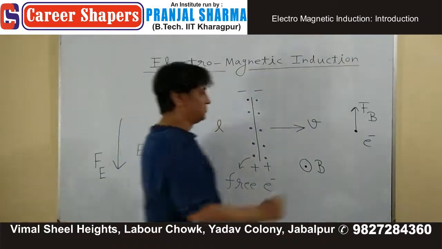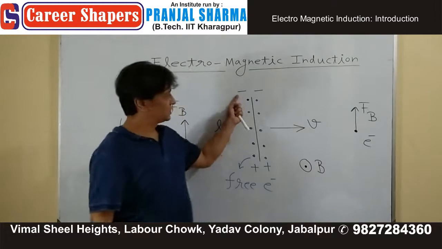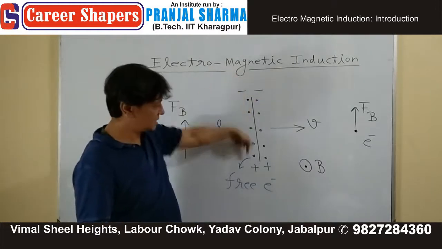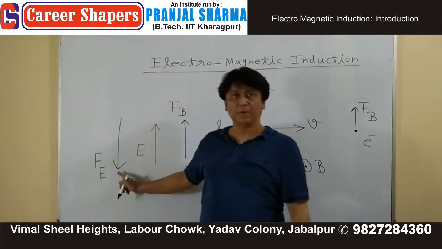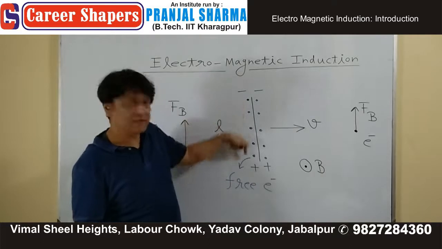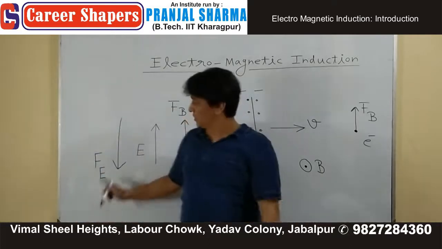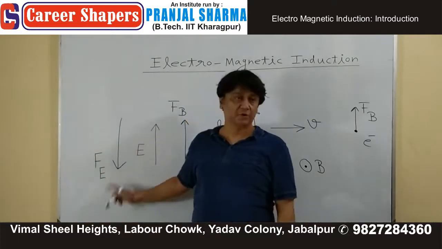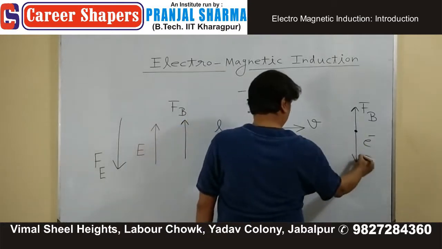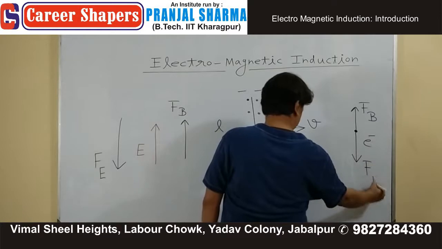At the same time, this negative charge is repelling it in this direction. This is the repulsion. This positive charge is attracting the electron downwards. This is the direction of attraction. So you have a force of electric field in this direction.